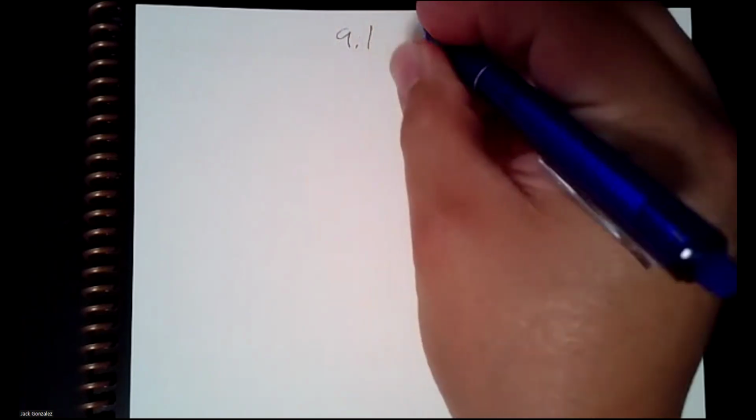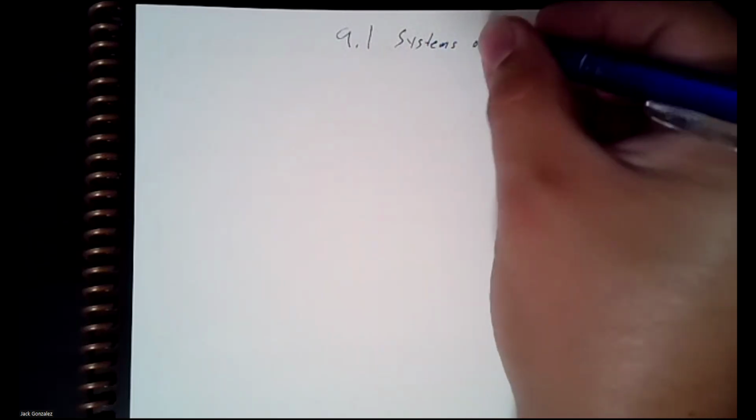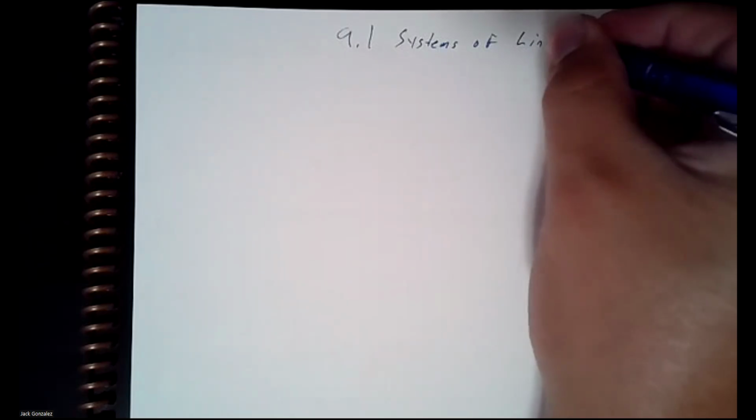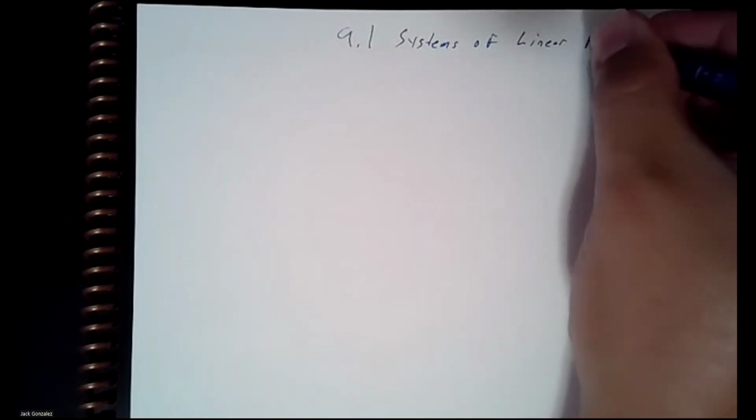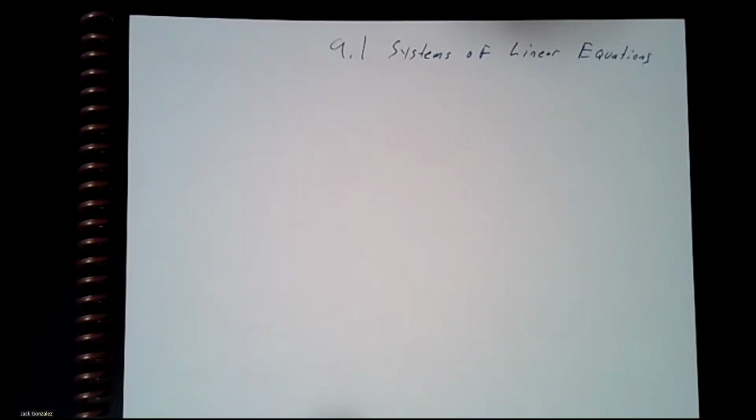Let me write down the section. Already forgot. This is 9.1 systems of linear equations. Okay, so number three.